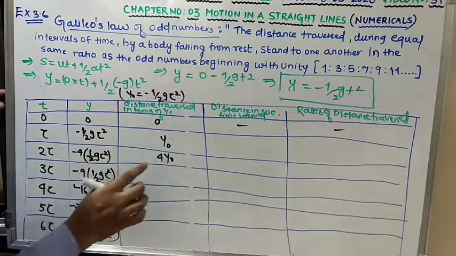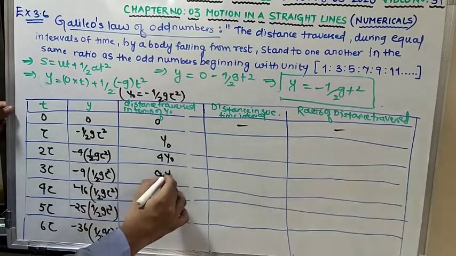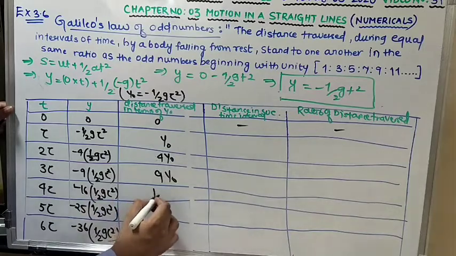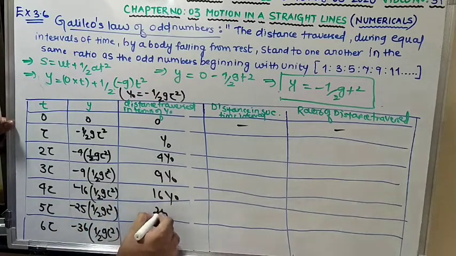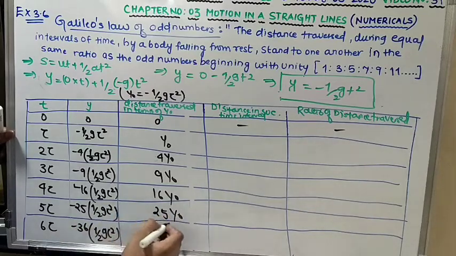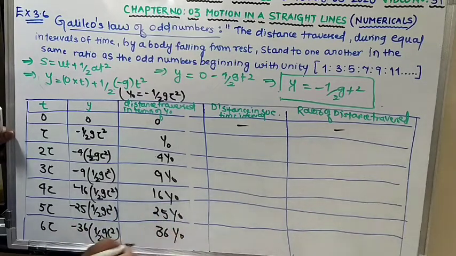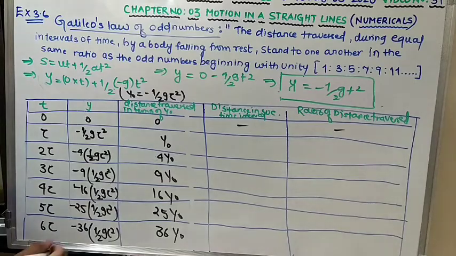Minus half g tau square is y naught, so 9 y naught, 16 y naught, 25 y naught, and last 36 y naught. Till this clear? 100%. Now we are taking the successive distances.